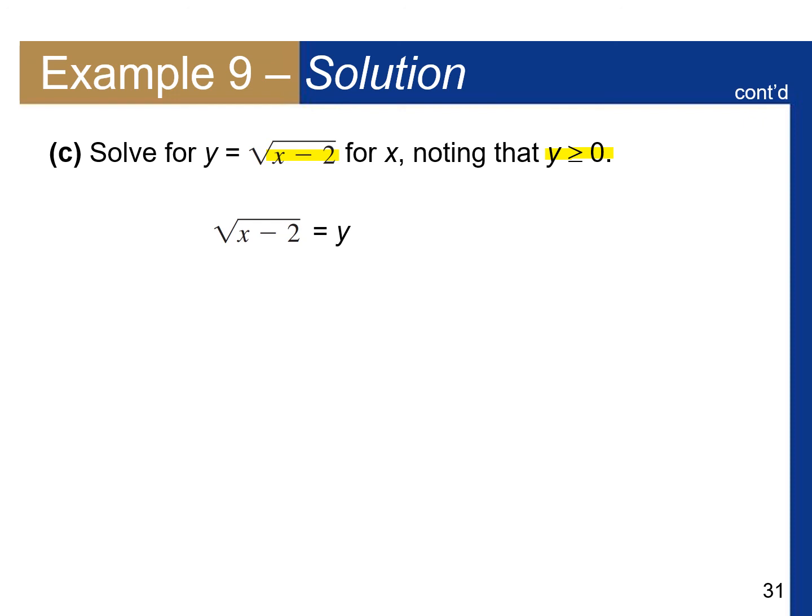Okay, so now I am going to set it equal to y, which they just reversed it. Now, how would I get x by itself? Well, I could square both sides. And then after I square both sides, I could add 2 to both sides. And I get x equals y squared plus 2.